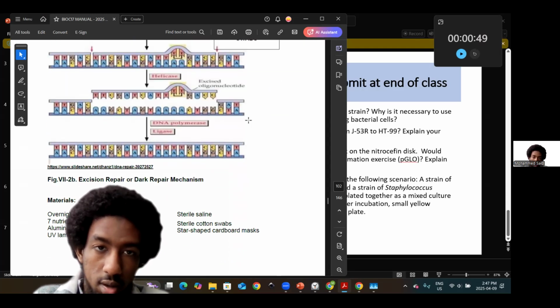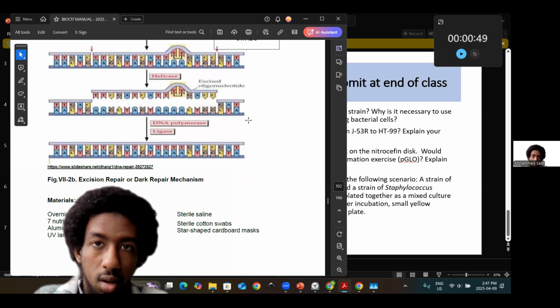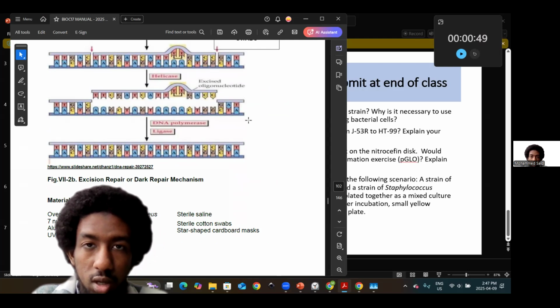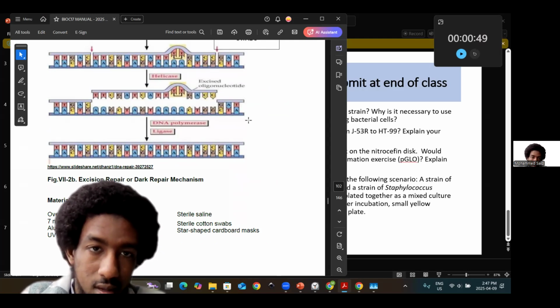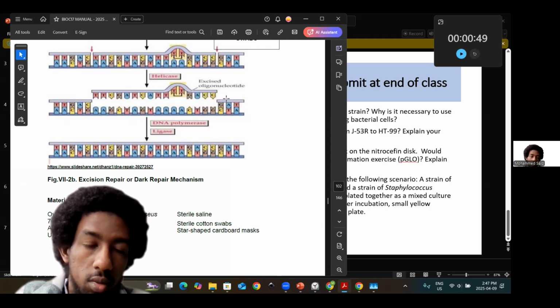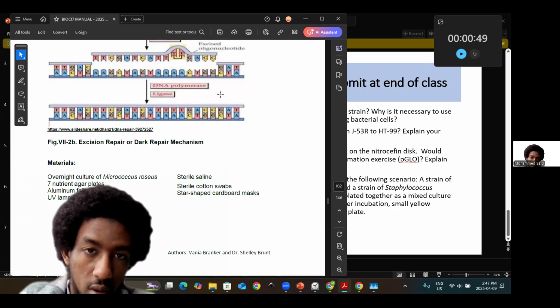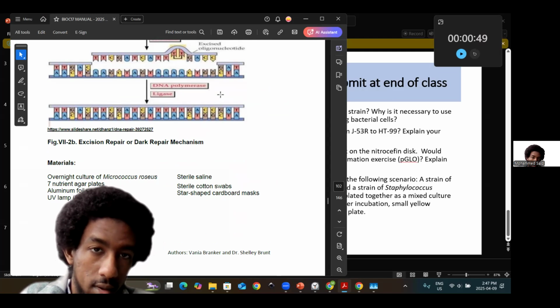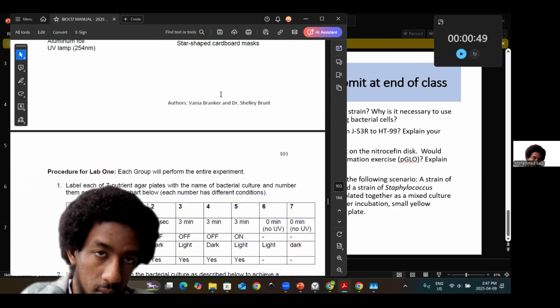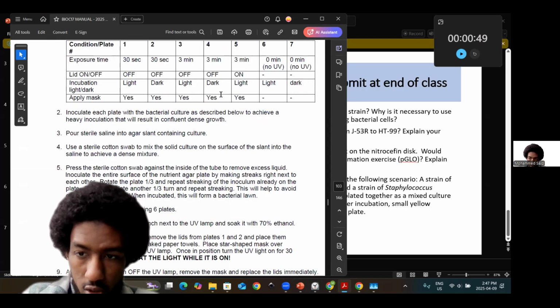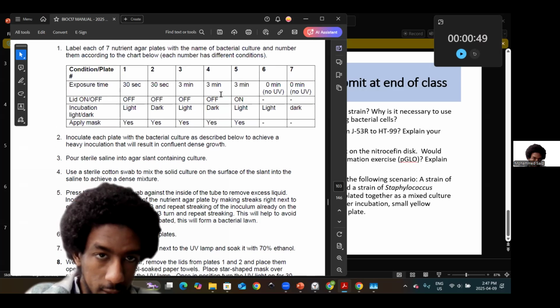In light repair, the strand remains intact, but the dimerization of the two nucleotides or pyrimidines is lysed, whereas for the dark repair, you actually have a strand that's physically removed, the one that has the dimers, and thereafter replaced following polymerization. So I hope that makes sense.